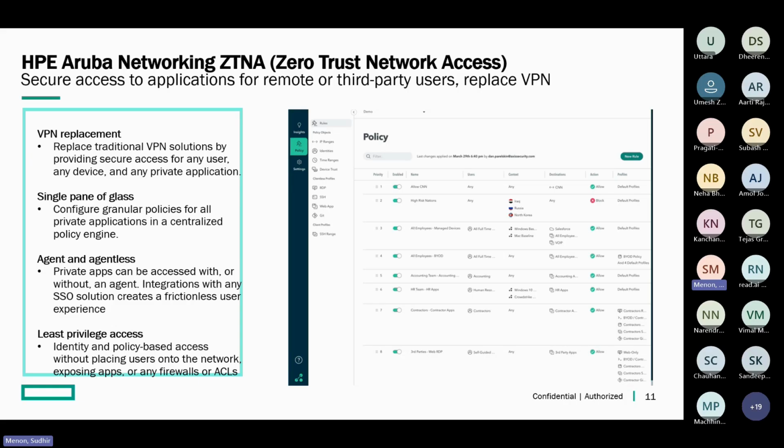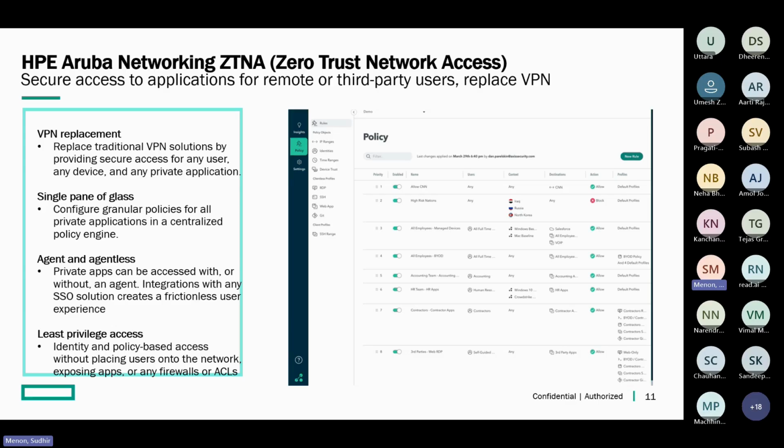Agent and agentless deployment, the next dominant building block. Agent-based, I'm sure many of you here would know about an agent-based zero trust deployment, but agentless is something which we do very seamlessly, not only for HTTP and HTTPS applications, but also for some other types of applications, by providing agentless access for your IoT devices, surveillance cameras, subcontractors, whoever is trying to access your ERP application or any of those invoicing applications.